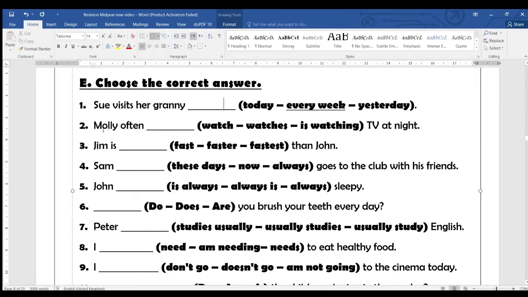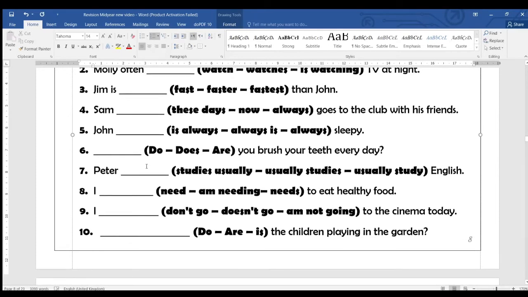Number 2, Molly often watches or is watching TV at night. So I'm going to give you a hint and then you will continue on your own. I have at night, but which tense comes with at night? Think. Okay, it's super easy. Continue until number 10, then move on with me. Now you need to pause your video again.